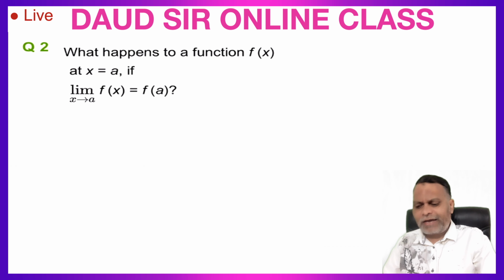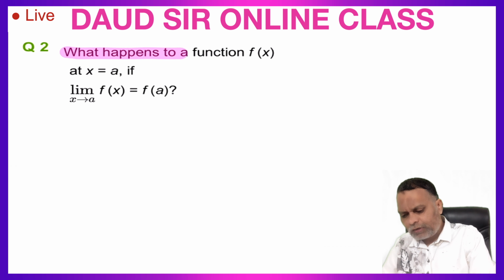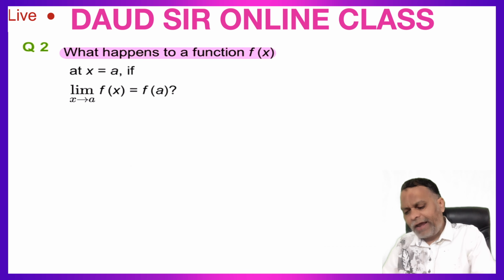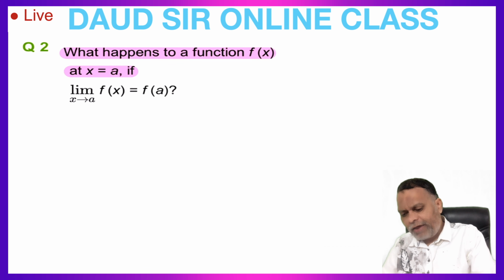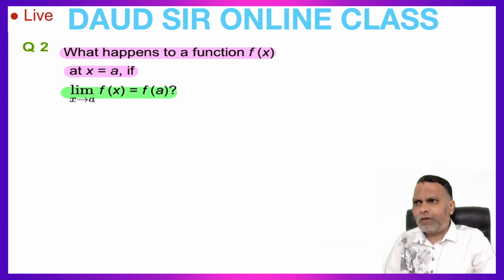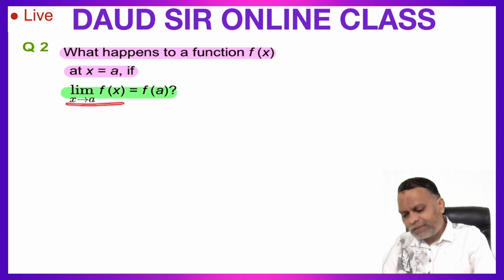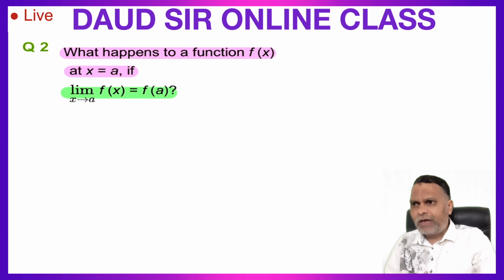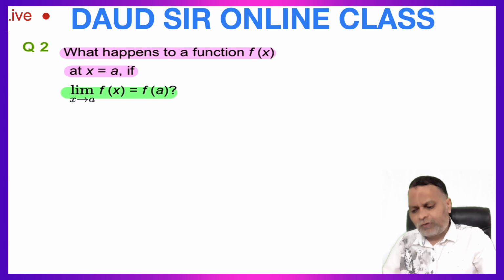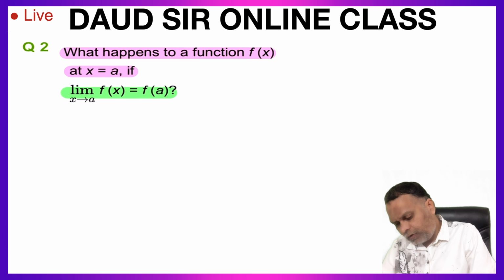Question number second. What happens to a function f of x at x is equal to a if limit x tends to a, f of x is equal to f of a? If the limit of the function at x is equal to a is equal to the value of the function f of a, then we can say this function f is continuous at x is equal to a.